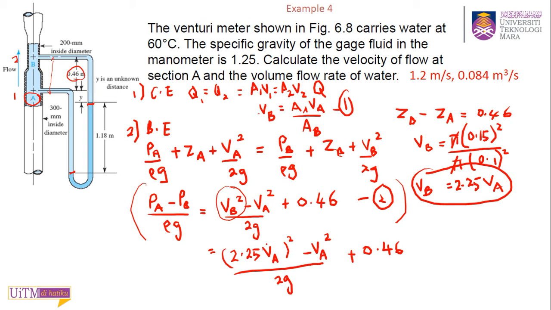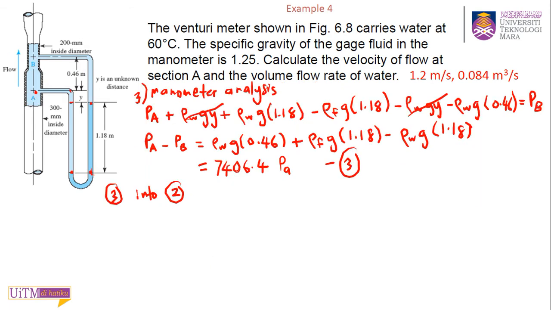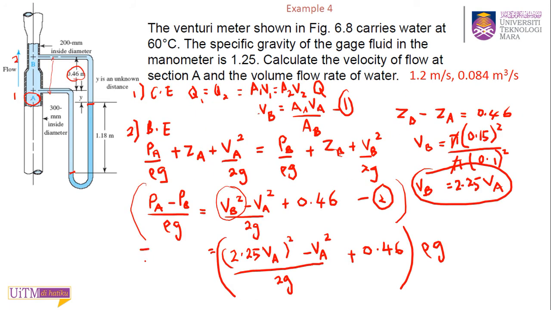Okay, and every term here you can times with rho G, and you have your PA minus PB, which is equal to 7406.4. Okay, so you will get VA lah. Eventually you will get VA.